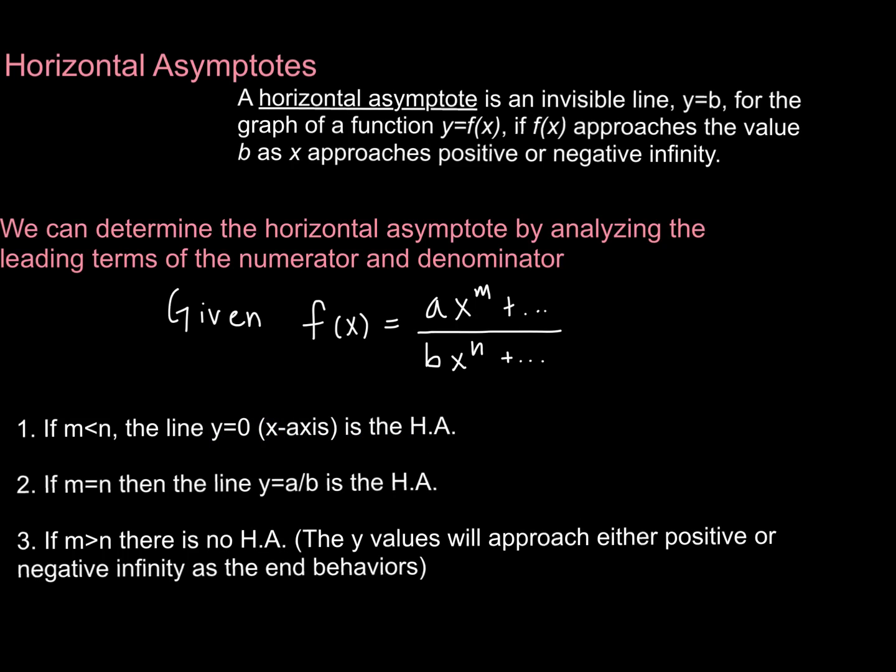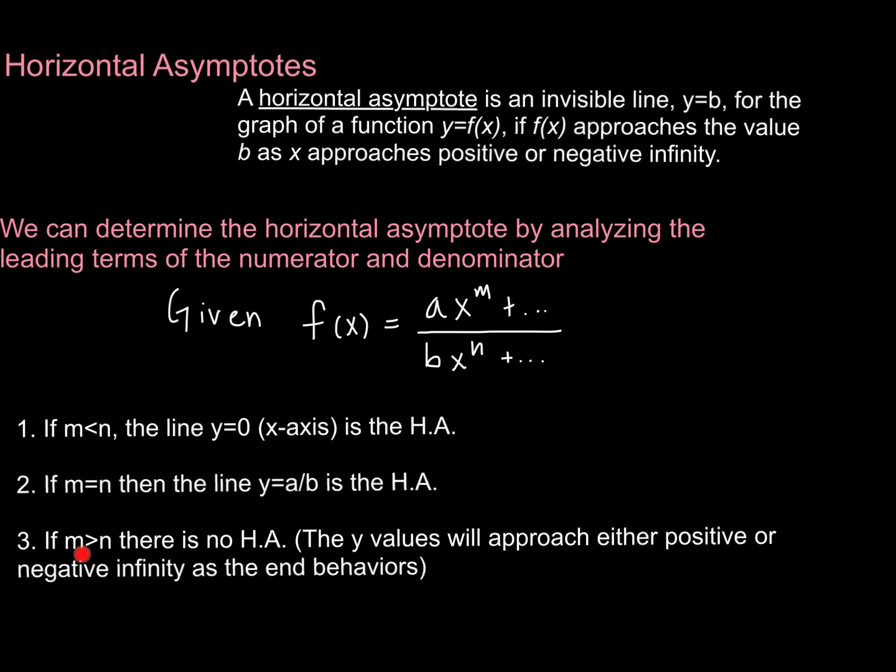We saw that previously. If the degrees are the same, as we saw in the second example, if m and n are the same value, then the line y equals a divided by b. In other words, just the relationship between a and b, right? The leading coefficients is the horizontal asymptote. So we saw that example where we had 5 and 1. 5 divided by 1 is 5.